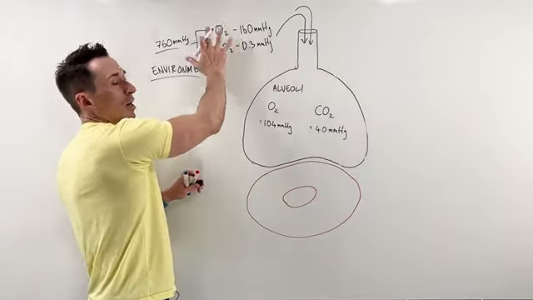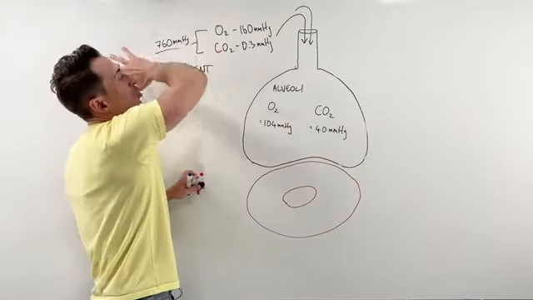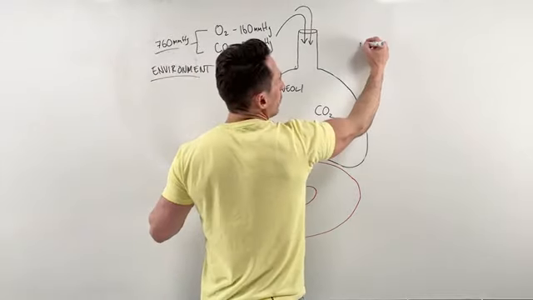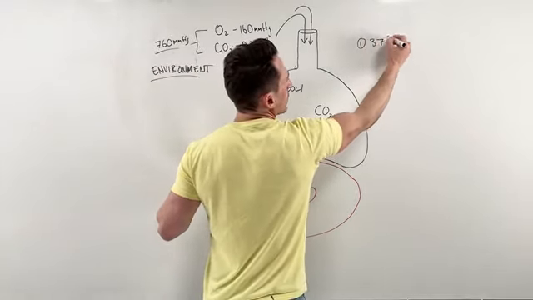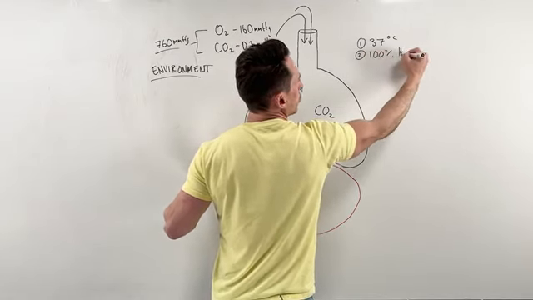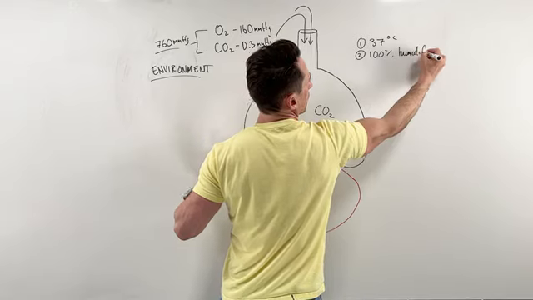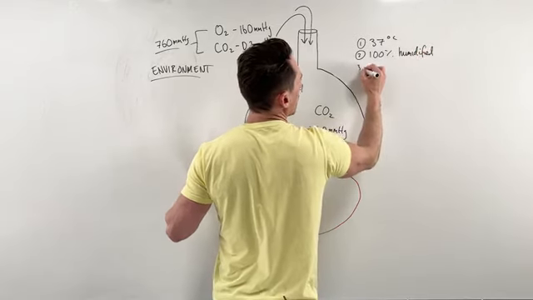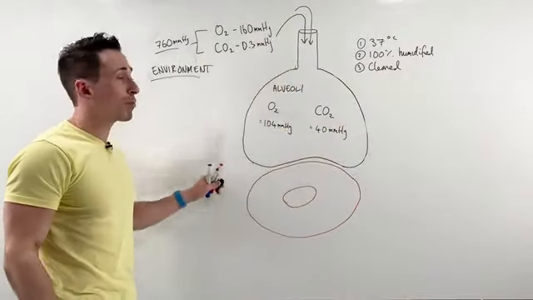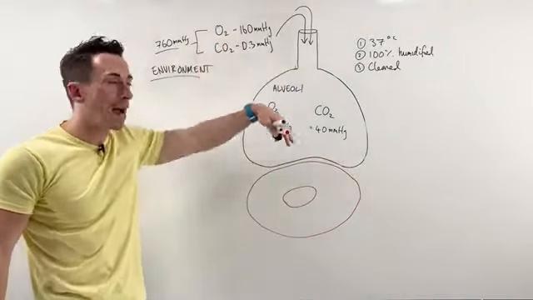Regardless of the temperature of this air and the humidity of the air, by the time it gets here, it will be 37 degrees Celsius. It will be 100% humidified, and hopefully it's cleaned, right? That's its process as it travels through the respiratory tract.